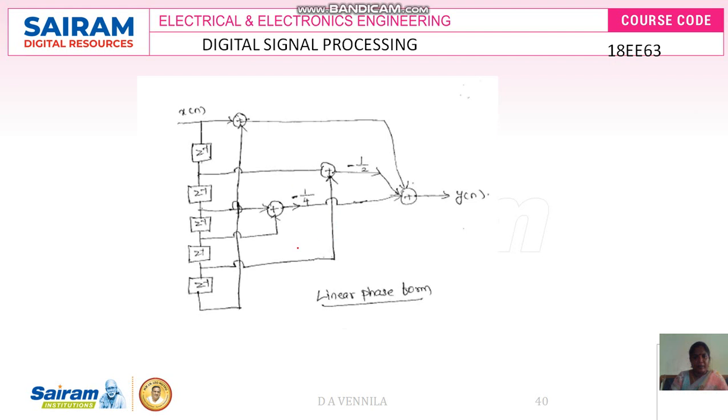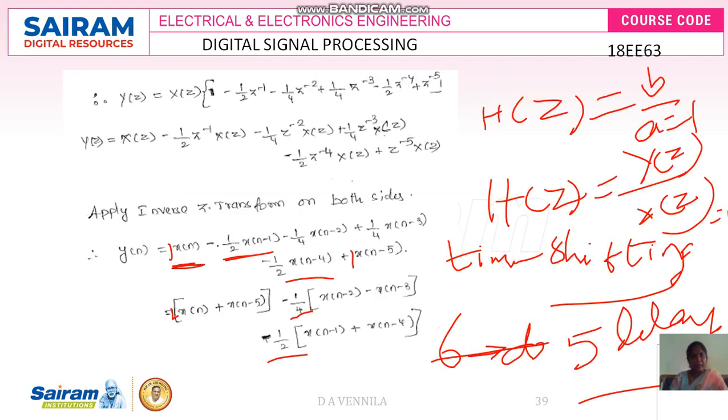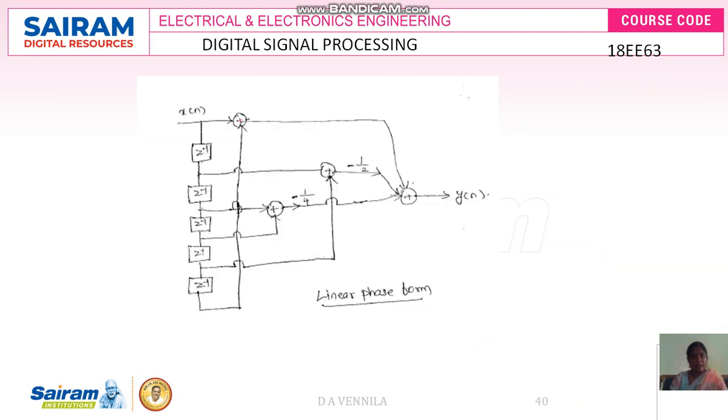Here x(n) will be added with which one? x(n) is added with x(n-5). This x(n-1) is added with x(n-4). Next, x(n-2) is added with x(n-3).